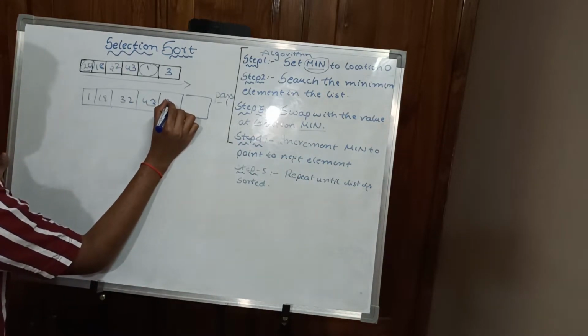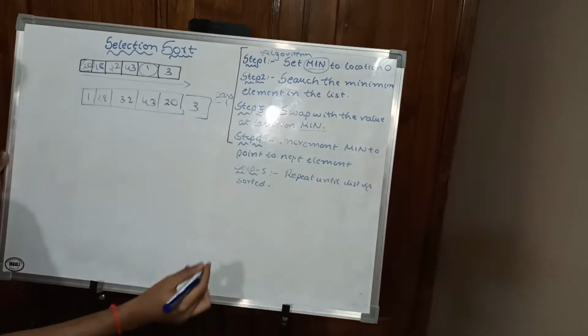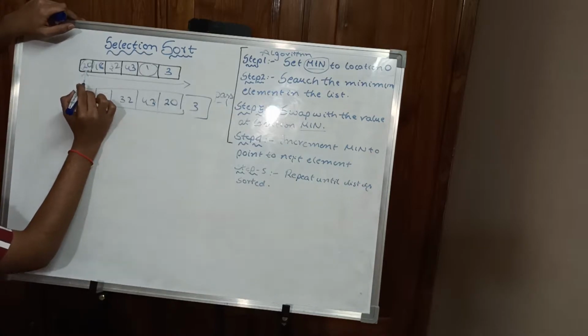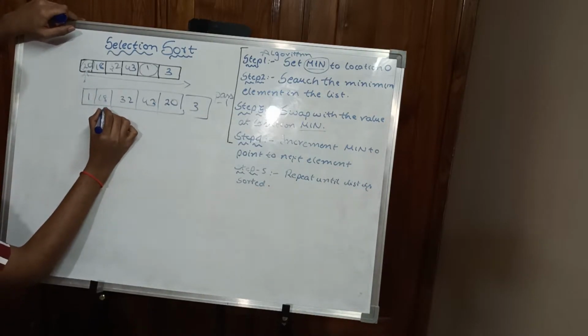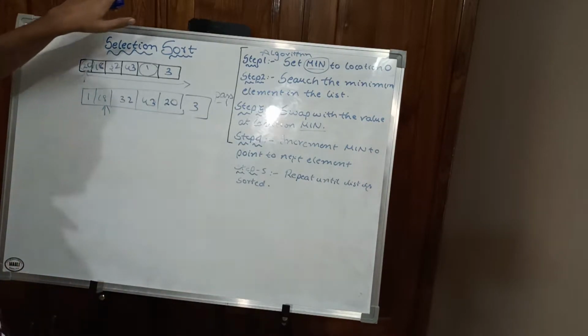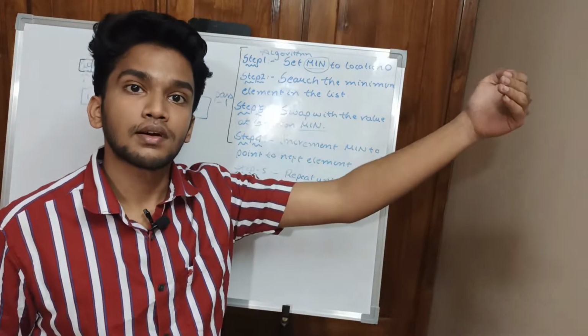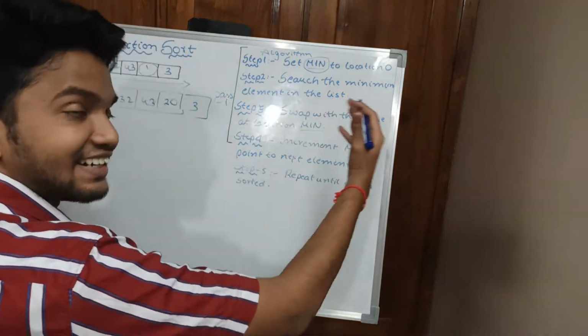Now again see, at this location the min was present. Now the min would be incremented to the next location, because, as in the previous bubble sort, the largest element is bubbled out to the right-hand side.